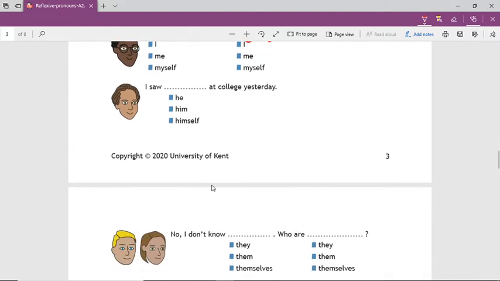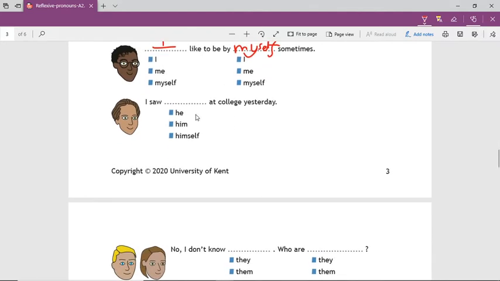Next up, we've got I saw, and we have to choose from these, and it's not self-reflective, so it's going to be him, because it's just a singular pronoun in this case. I saw him at college yesterday.